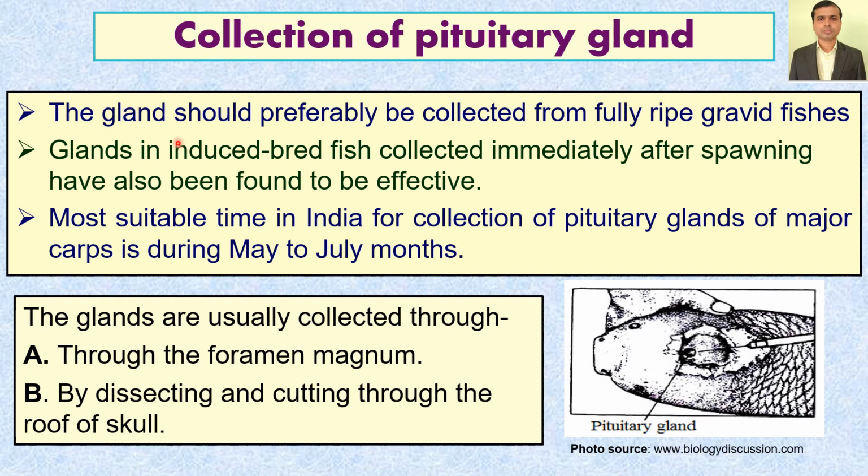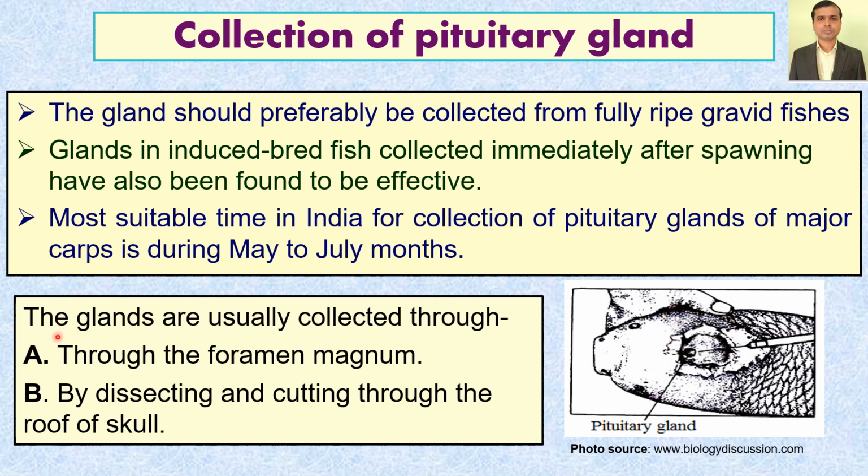Glands from induced bred fish collected immediately after spawning have also been found to be effective because their hormonal levels, follicle stimulating hormone and luteinizing hormone, are at peak. The most suitable time in India for collection of pituitary gland in major carps is during the monsoon, from May to July. Pituitary gland is usually collected by two methods.